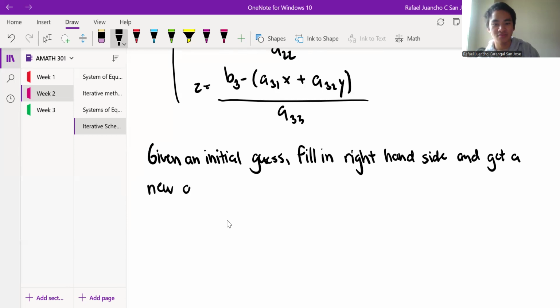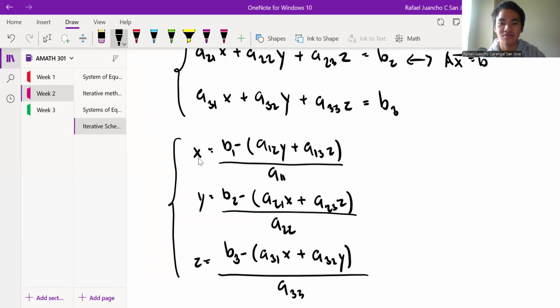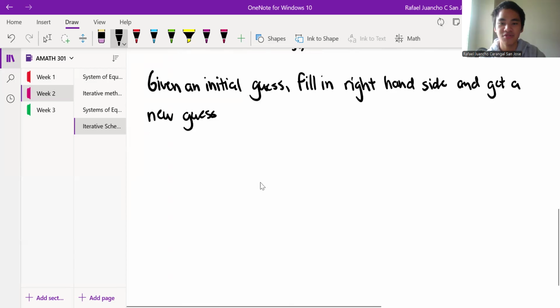So what do I mean? If we fill in an x0, y0, and z0, then we should get a new guess, which is x1, y1, z1. If we fill in x1, y1, z1, we should get x2, y2, z2. If we fill in x2, y2, z2, we should get x3, y3, z3. So we're getting better and better.